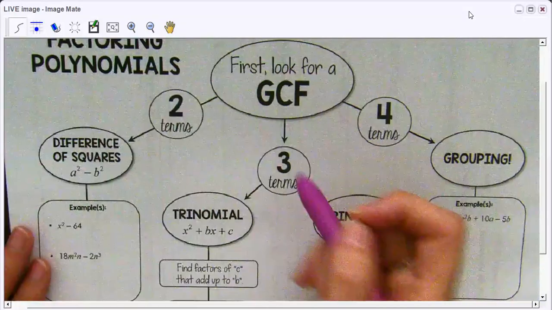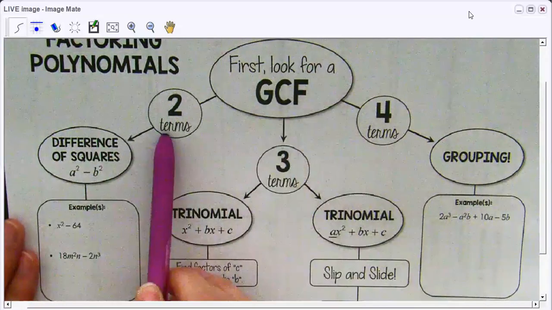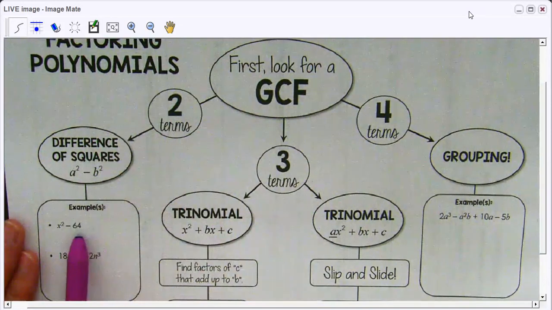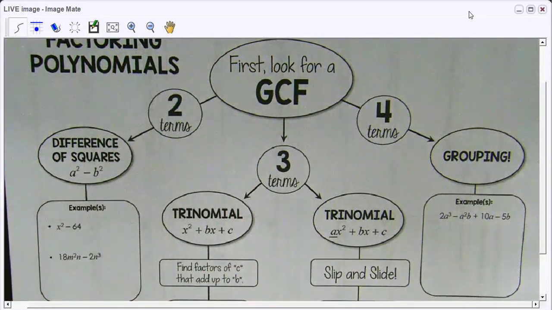So let's go ahead and look at this. If you have two terms, you are most likely dealing with the difference of two squares. What that means is that your first and second terms are perfect squares, and you can factor them out as the difference of those two squares.